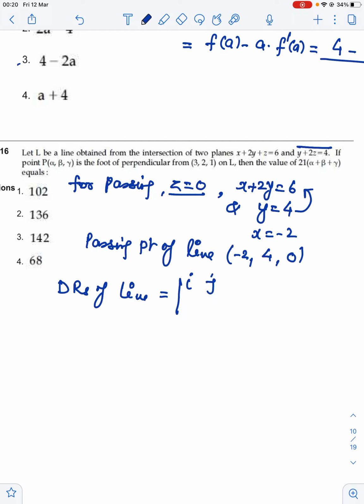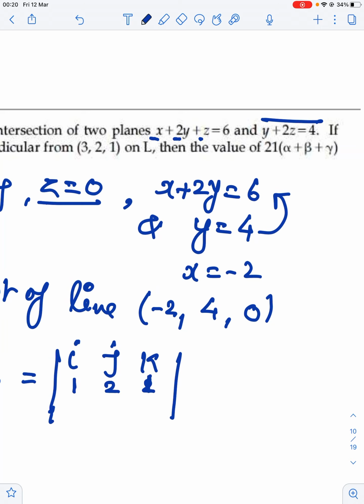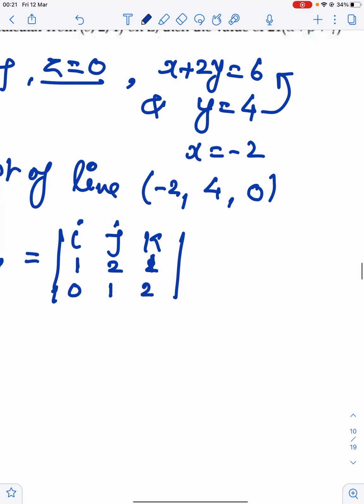So i, j, k; the direction ratio of the normal of the first plane is 1, 2 and 1, and the normal to the second plane has x coefficient 0, y is 1 and z is 2.